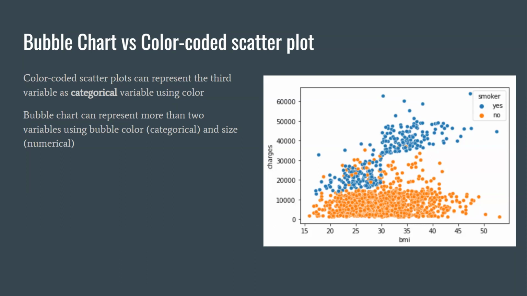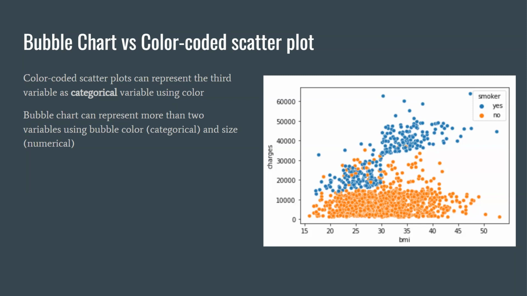Bubble charts use the size of bubbles to add a quantitative dimension, while color-coded scatter plots use color to add either a categorical or a quantitative dimension. And there is a clarity and overlap differences.